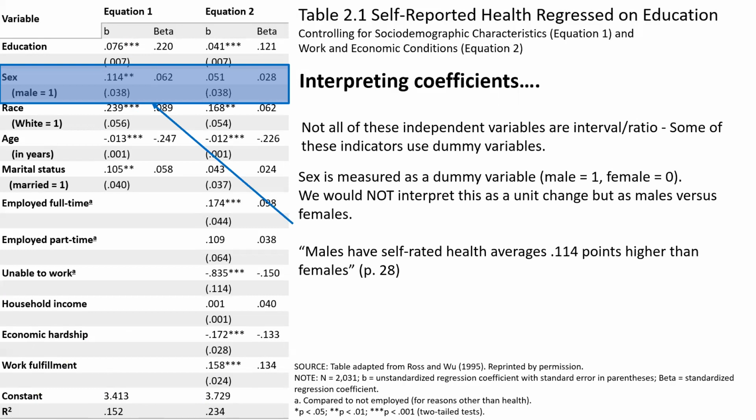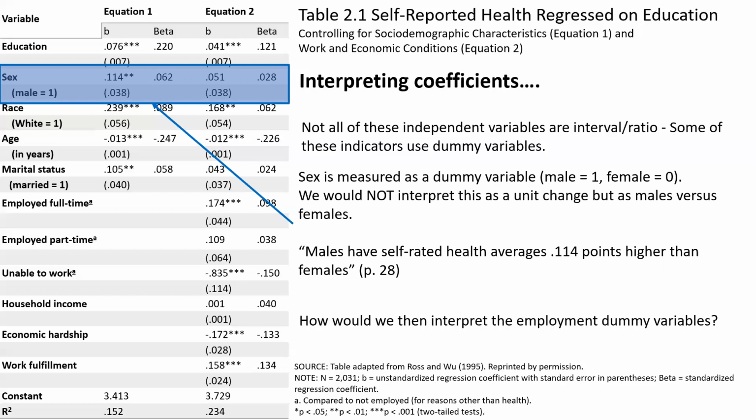So sex is measured as a dummy variable. Male is equal to 1, female is equal to 0. So we would interpret this not as a unit change, but as males versus females. So we could report, quote, males have self-rated health averages 0.114 units higher than females.